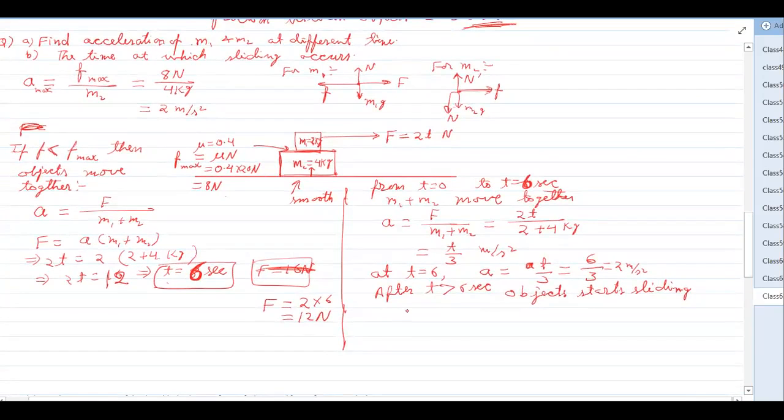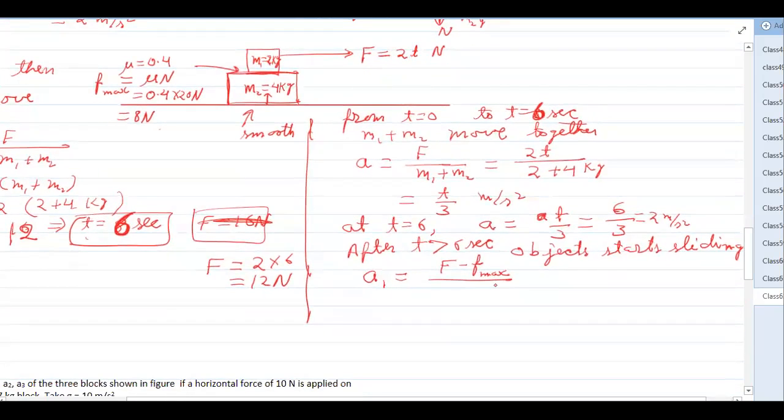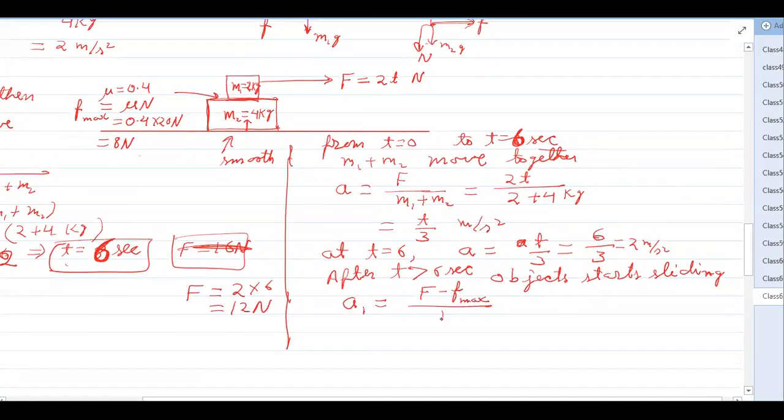Now we can write separately for the two objects. So for M1, there are two forces, capital F and friction. So for M1, that is A1, we will write capital F minus friction maximum value, divided by mass M1.